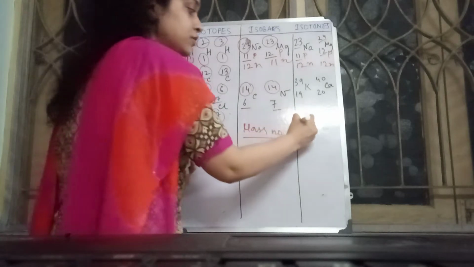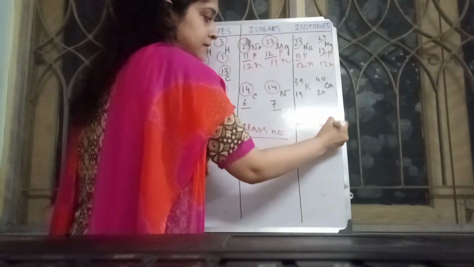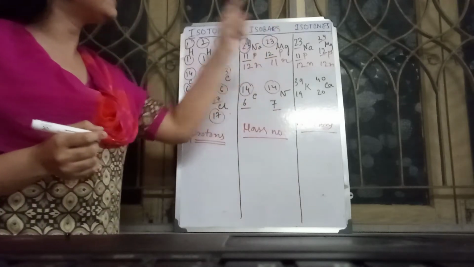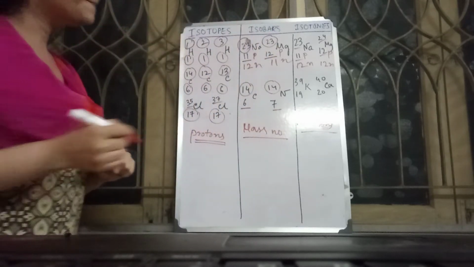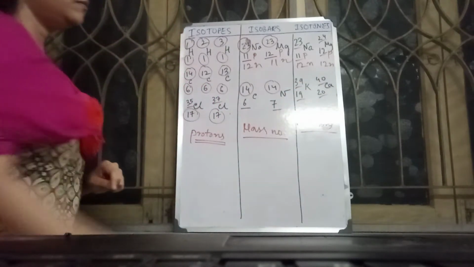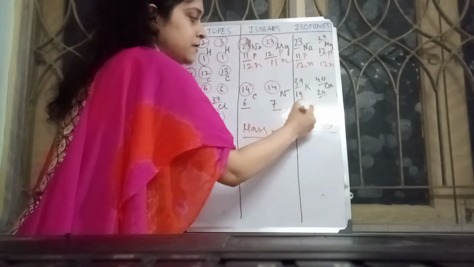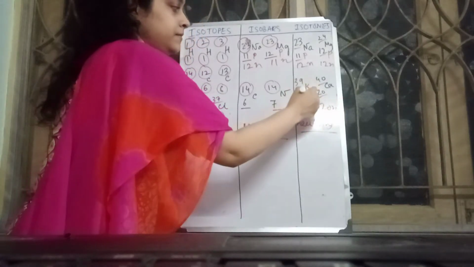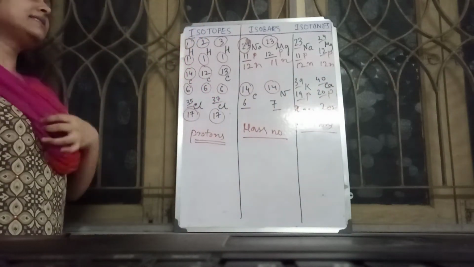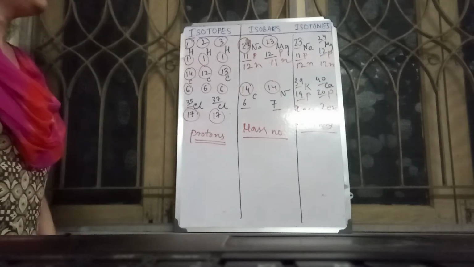The number of neutrons remains the same. See, here also, 20 neutrons, 20 neutrons. Those are known as isotones.